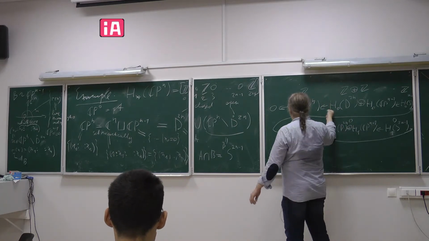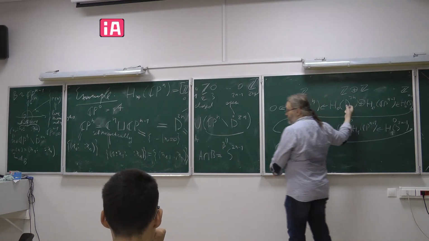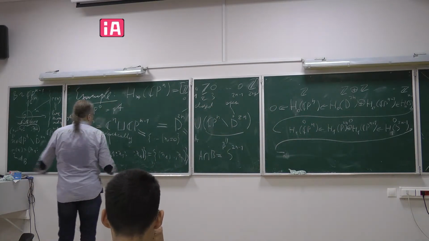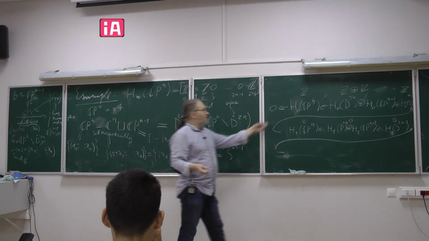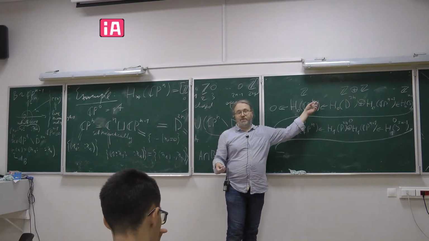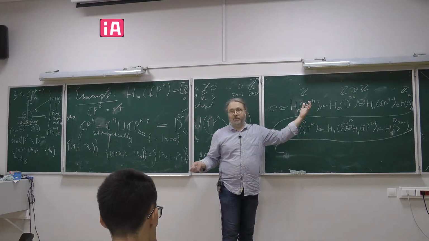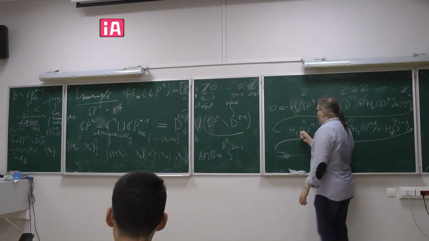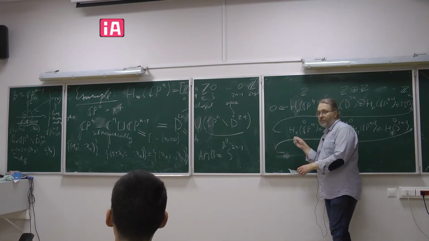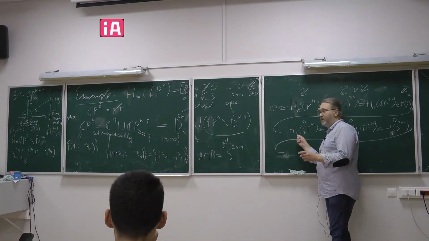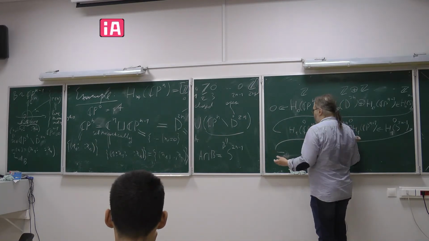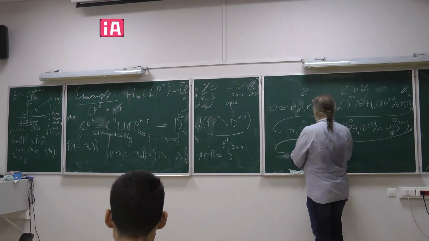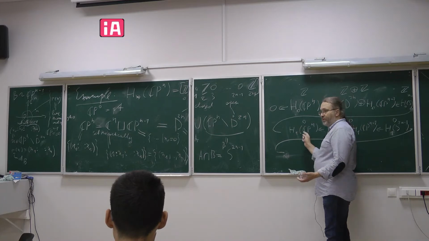Well, the first bit of the sequence doesn't tell us much. It tells us basically that H0 is Z, but we know this already. Now, the next row, the first one, is 0, 0, 0. Oh, by the way, no, it gives us something new. It tells us that H1 is 0.